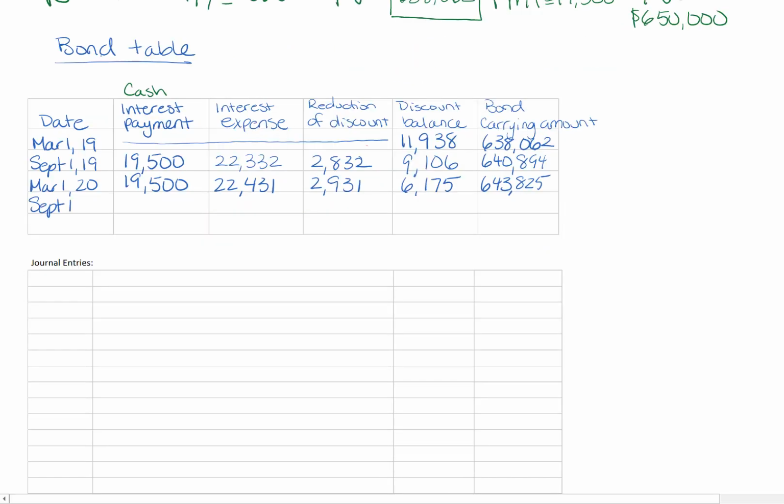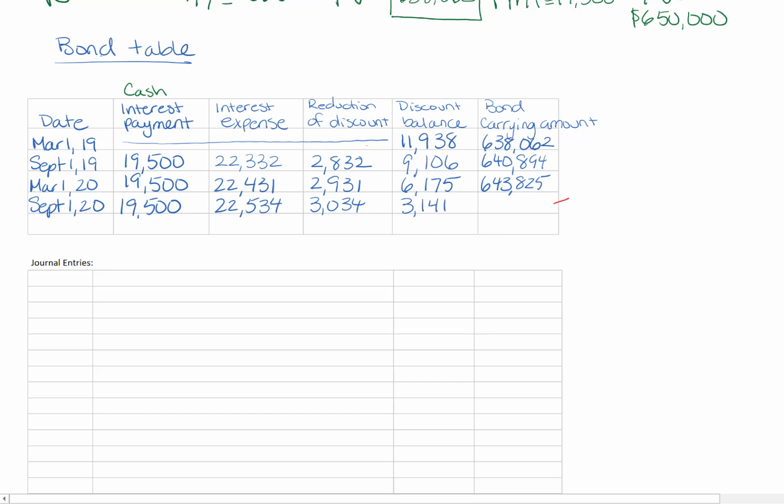All right, so now on September 1st, 2020, again, our cash payment is $19,500. Our interest expense is going to be calculated by taking the new bond carrying amount, $643,825, multiplied by our market interest rate divided by 2. The difference between the interest expense of $22,534 and the cash payment of $19,500 is going to be $3,034, which is going to reduce our discount balance.